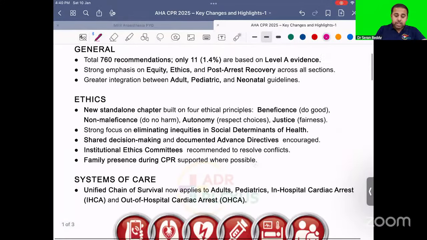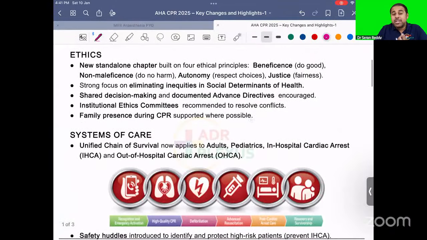Here, strong emphasis is given on equity, ethics, and post-arrest recovery across all the sections. For ethics alone, there is a separate chapter. This will also be important for your further NEET-PG and INI-CET exams.